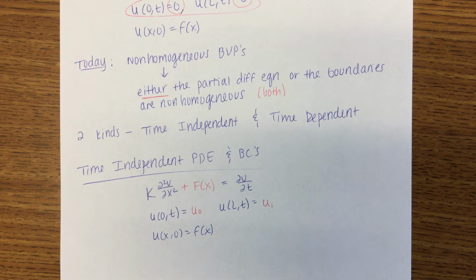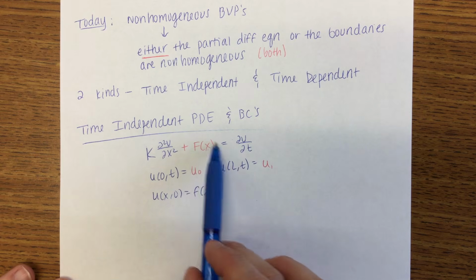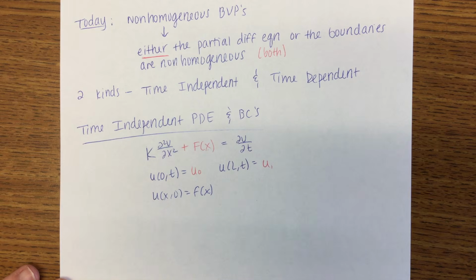So everything in red is non-homogeneous. If you have this, it means that you have a non-homogeneous problem. If these two are not 0, non-homogeneous. So what does this represent? This again represents the heat in a rod of length L. This is heat that is being generated internally, so you might want to write this down.